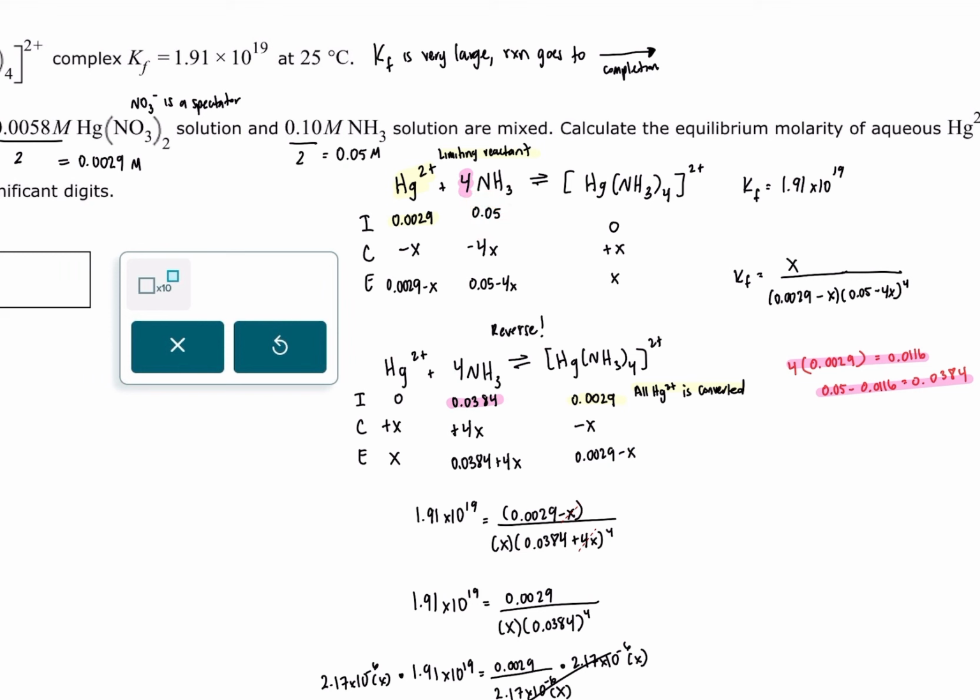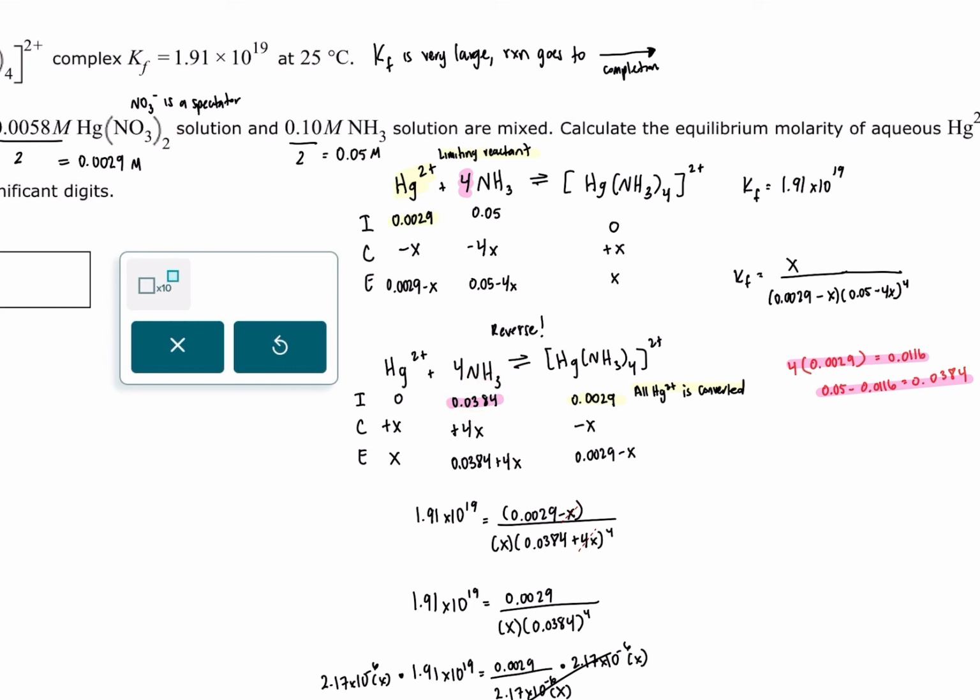So I did my 0.0029 times 4, that gave me 0.0116. Then I did the 0.05 minus the 0.0116, and that gave me the 0.0384, and that's what I'm going to put into my ice table.